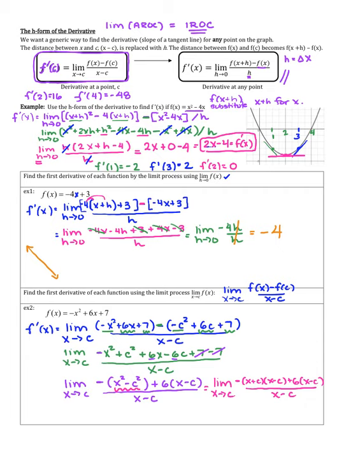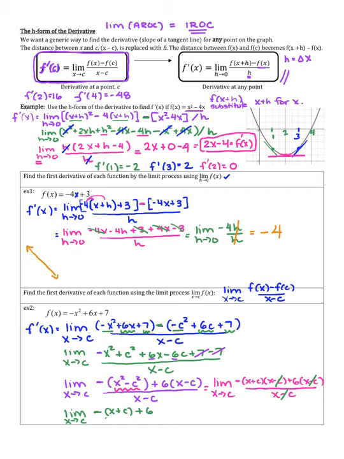So I can factor out an x minus c from all my terms, and they are gone. Adios. And what do I have on the bottom here is the limit as x approaches c of negative x plus c plus 6, and nothing on the denominator.